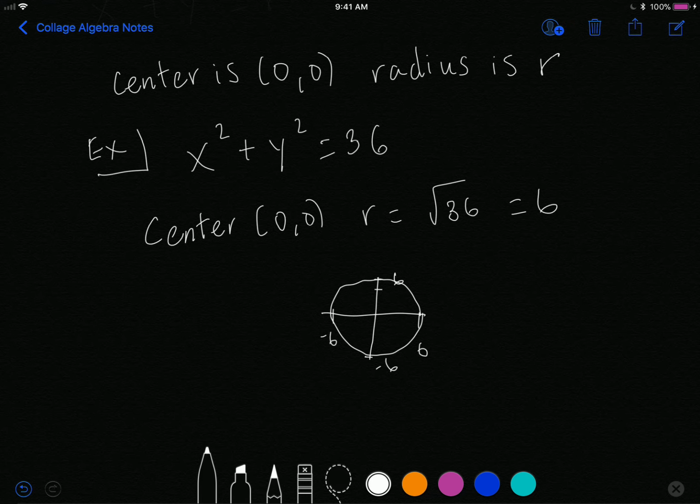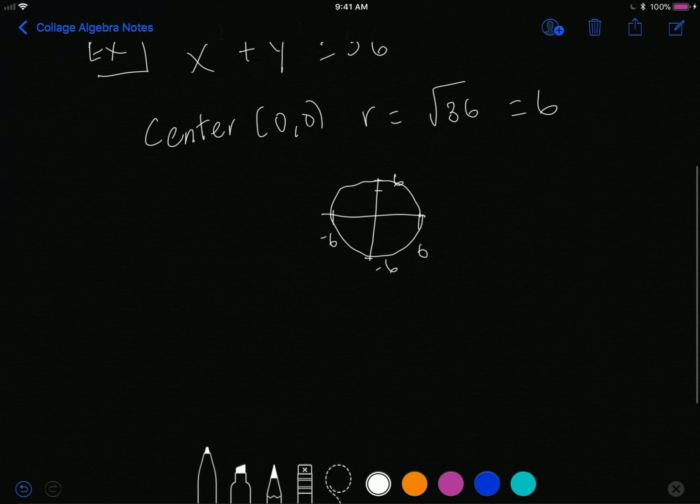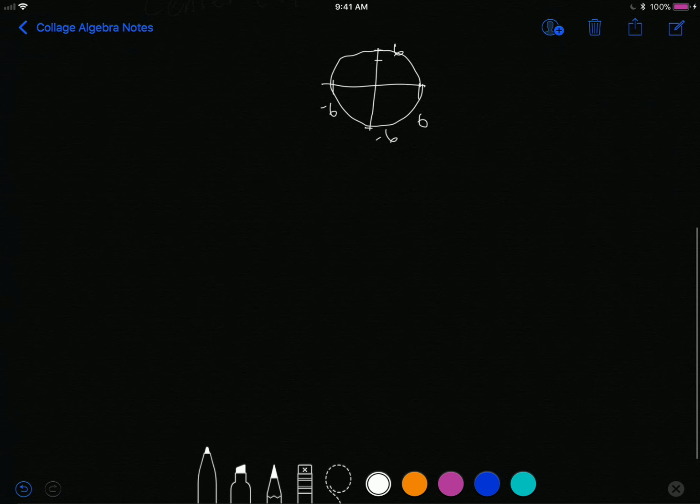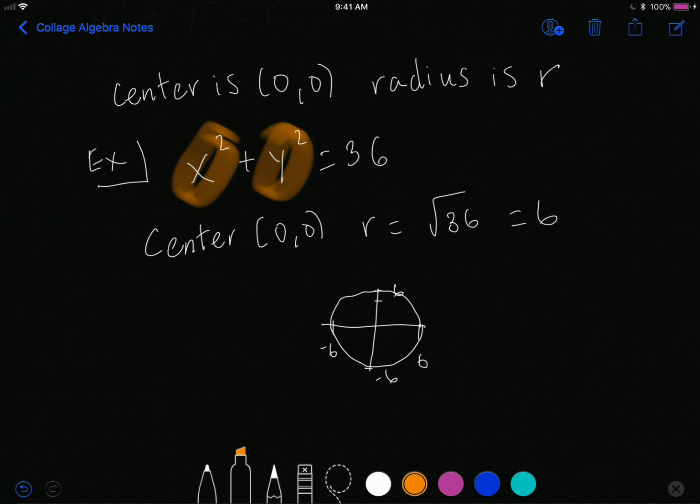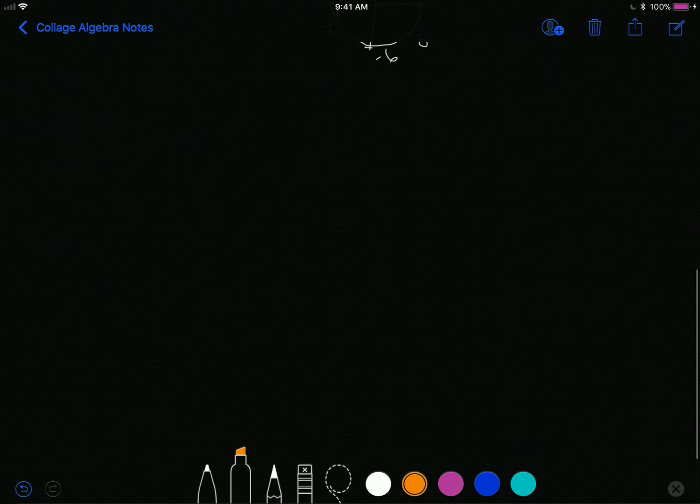Now, if you want to make things more interesting, and we don't want to have the center at the origin, what changes are made to your x and y variables?